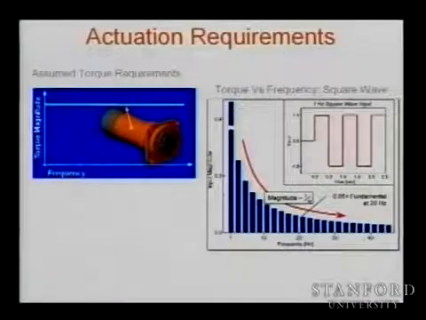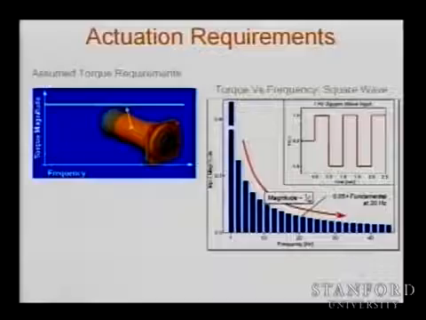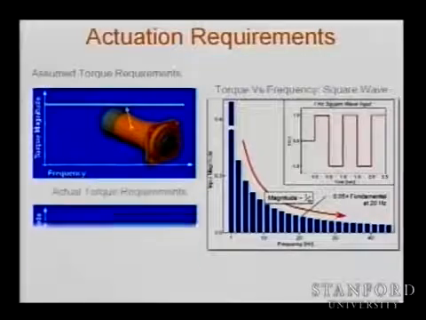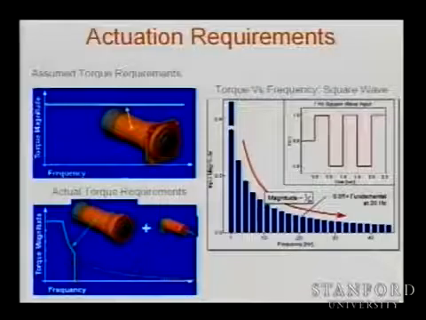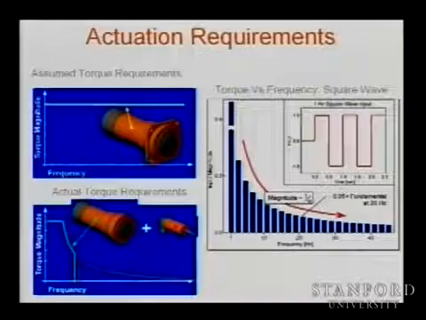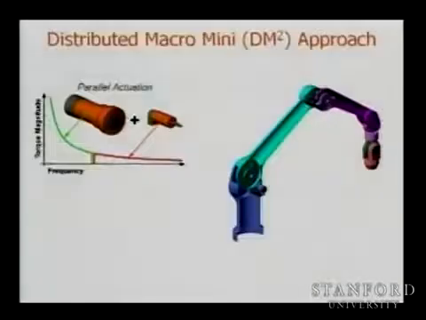Because if you think about the problem in the domain of control and the performance you need, the magnitude that you will need at high frequency is much reduced. So in fact, your requirements are you need large torques at low frequency and smaller torque at higher frequency, which means you can design your robot differently.